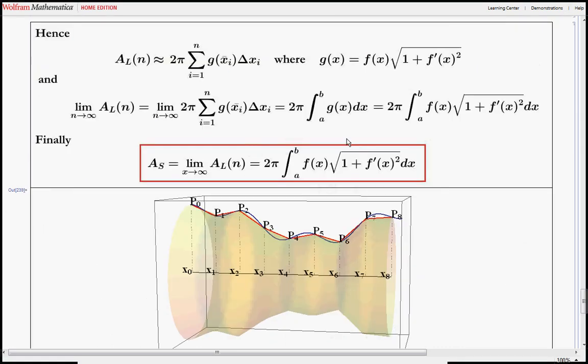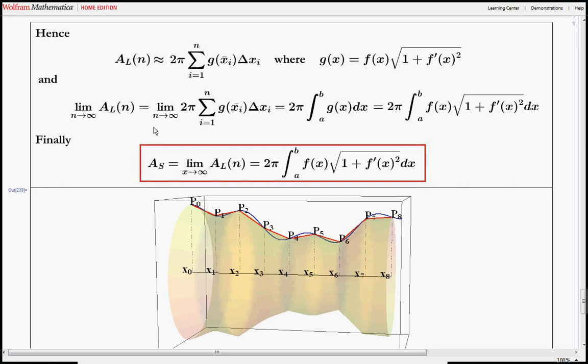I have written here in symbols what I have just said. The area of the surface of revolution of the broken line L is approximately equal to a certain Riemann sum. It is a Riemann sum not of perhaps the function f of x as we would like, but of a slightly complicated but still manageable function, f of x times the square root of 1 plus f prime of x squared.